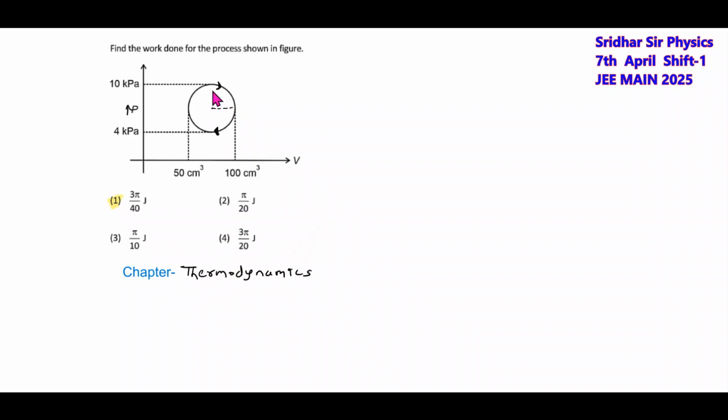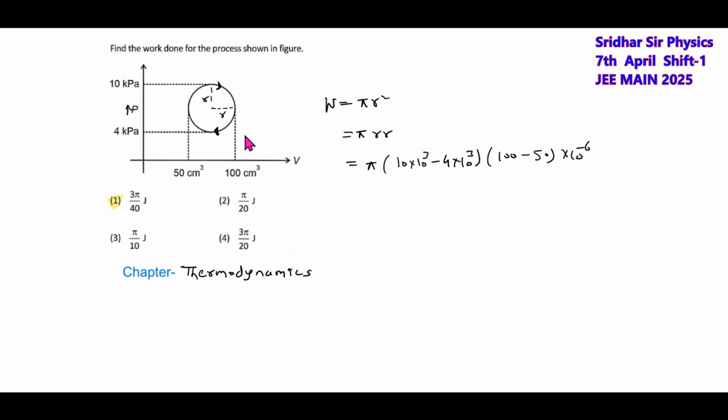So the area here, this will become R and R. The work done will be equal to pi R squared, that is pi R into R. One R will be 10 and the other R will be 100 minus 50 cubic centimeter into 10 to the power of minus 6. You have to convert cubic centimeter into cubic meter.